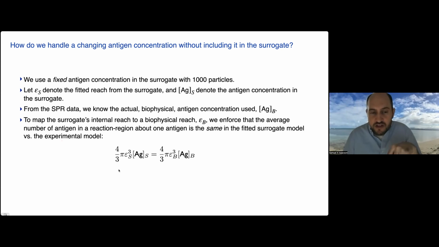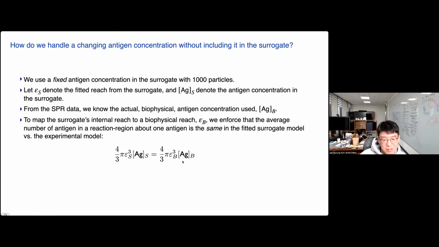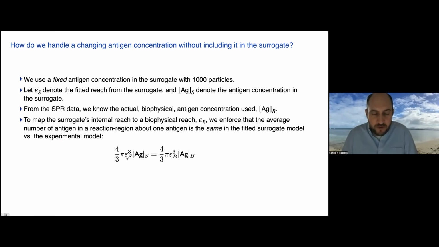And so what we essentially enforce is that the average number of antigen that are within reach of a given antigen in the surrogate, which is the volume of the region where things can react times the concentration of antigen in the surrogate, should equal the average number of antigen that are within reach physically in the real experiment. So we know this parameter, we know this parameter, we know this parameter. This allows us to solve for the physical reach, and back out without having to, in the surrogate model, actually tabulate over antigen concentrations too. Okay.